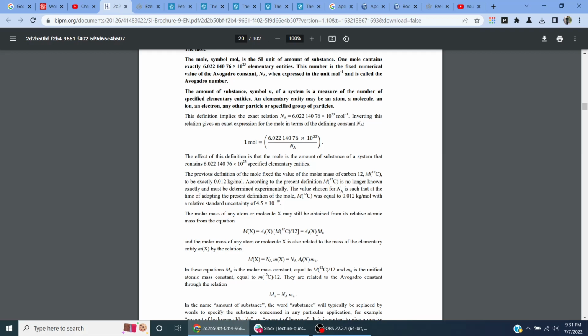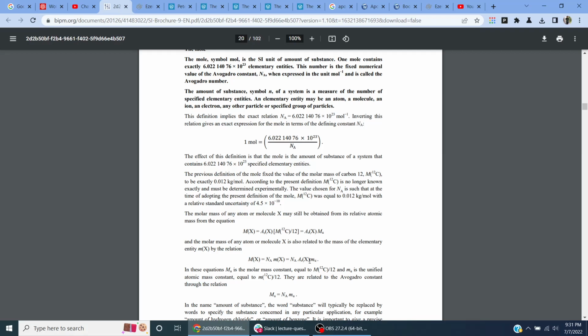which equals the relative atomic mass of X times M sub u. The molar mass of any atom or molecule X is also related to the mass of the elementary entity, little m of X, by the relation capital M of X equals N sub A times little m of X, which equals N sub A times the relative atomic mass of X times little m sub u.